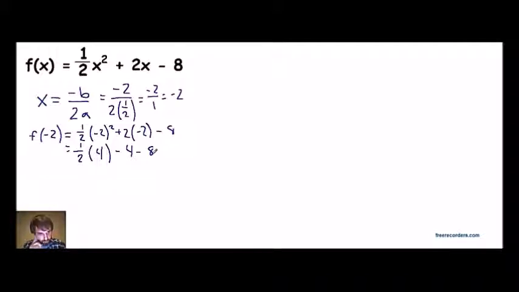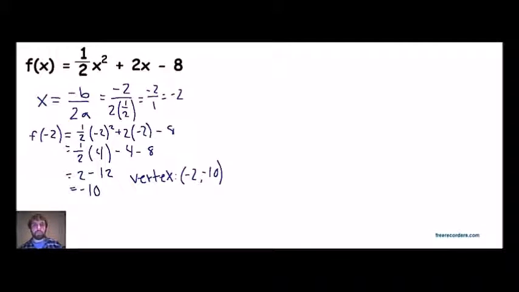That gives us 2 minus 12, which is negative 10. Awesome. Now I have my x and my y, so our vertex is located at the coordinate point negative 2, negative 10. So we have 1 point. That's a good starting spot.